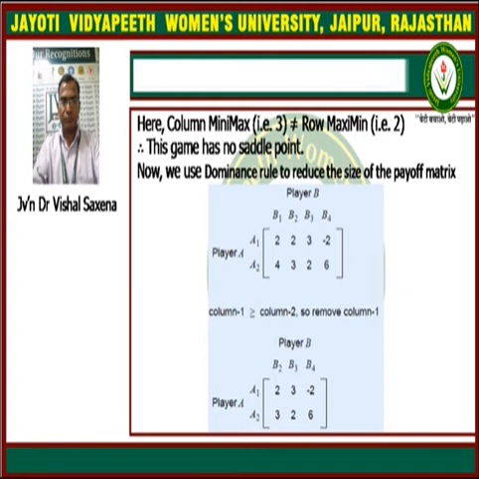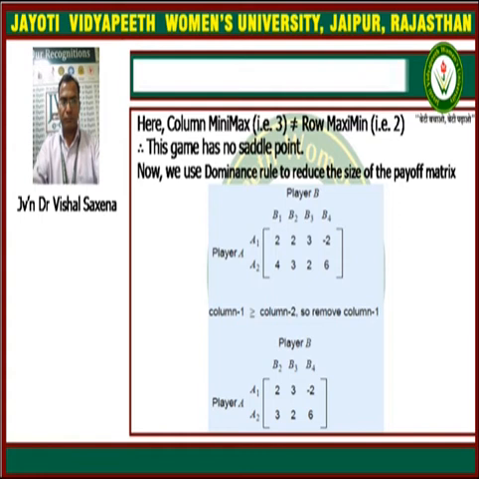Now we have to solve the game by the graphical method, and how can we solve it? If we observe this game with concentration, we can see that the size of the payoff matrix can be reduced by the use of the dominance principle.